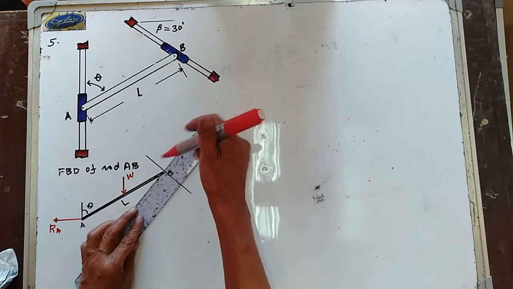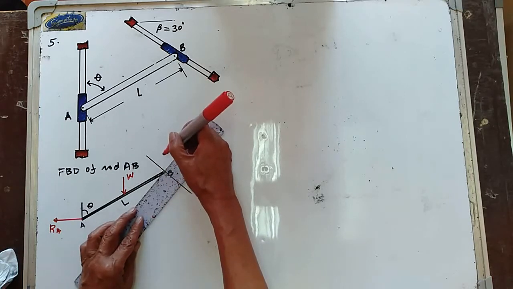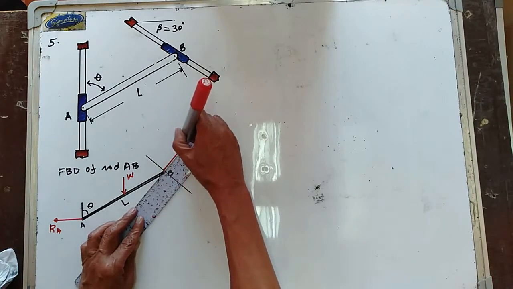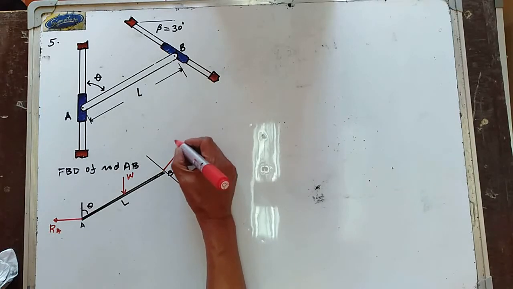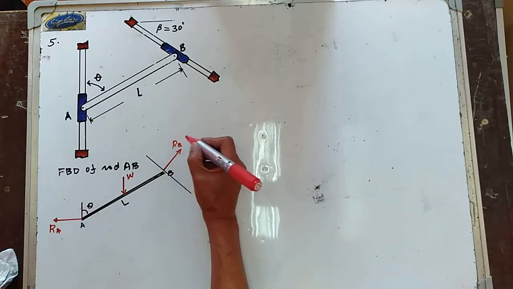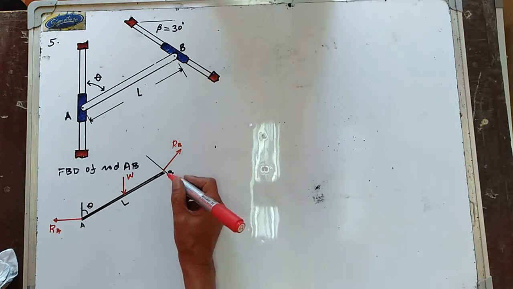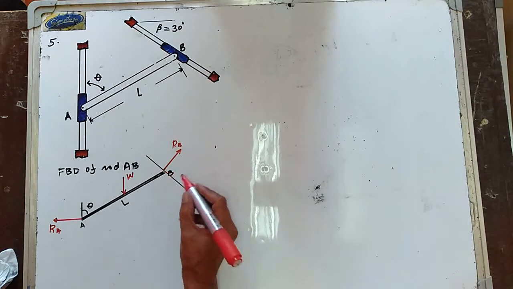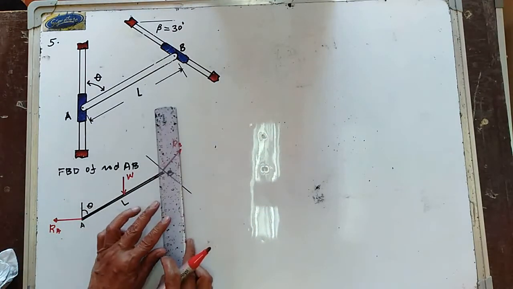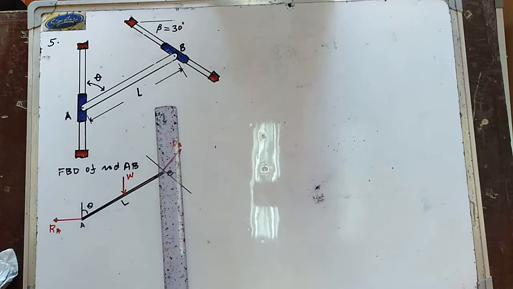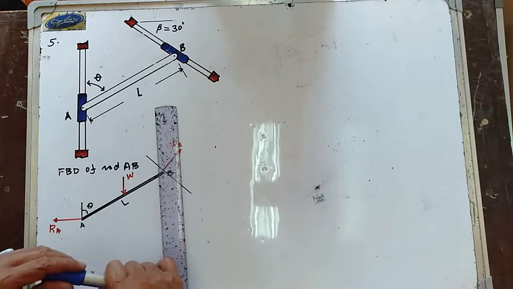And therefore, this is now the reaction at point B. So I'm going to consider this your R sub B. So this rod in here is making an angle of 30 degrees with the horizontal. Hence, it will make an angle of 30 degrees with the vertical.